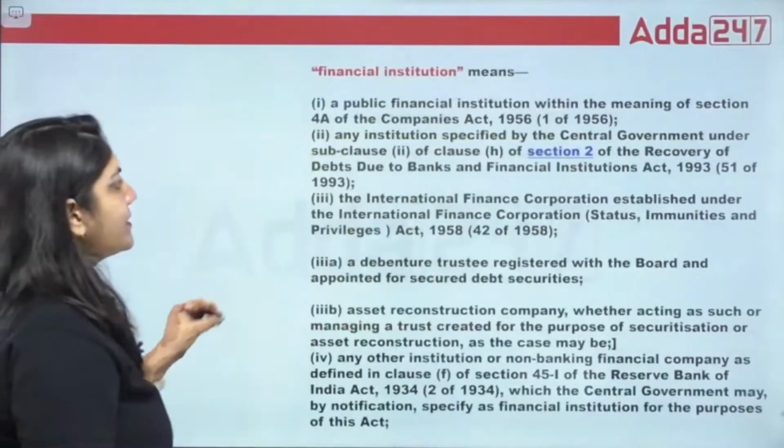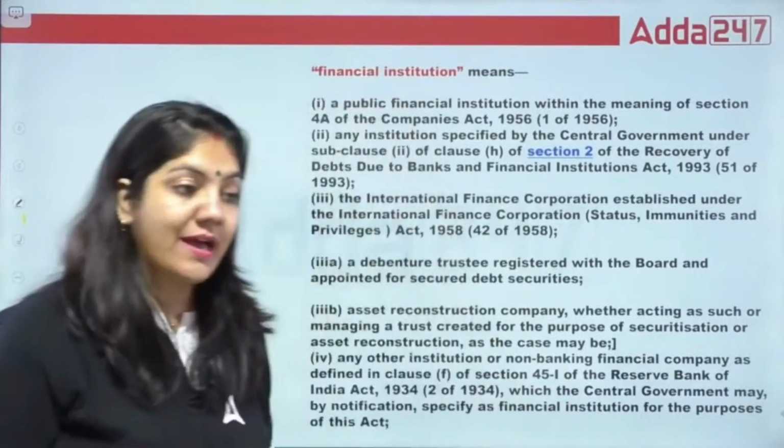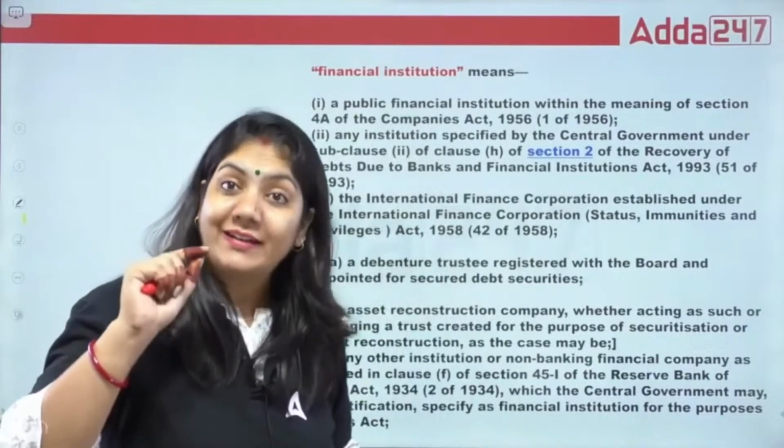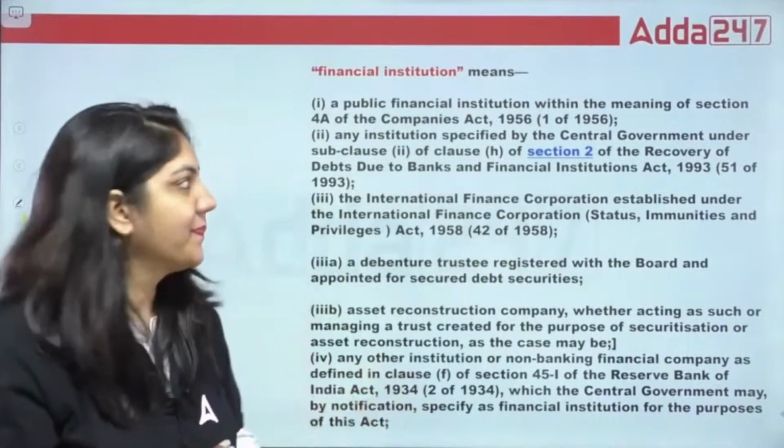Next, what is financial institution? From a financial institution, we just demand money, we just take a loan, right? And a financial institution takes so much interest, right? So that's why we basically prefer the bank, right?